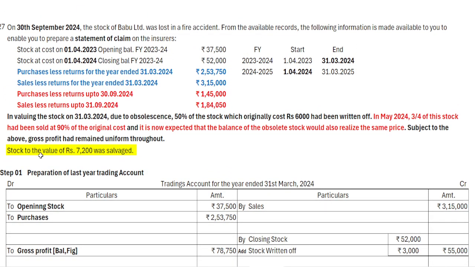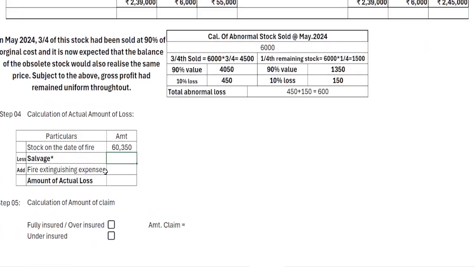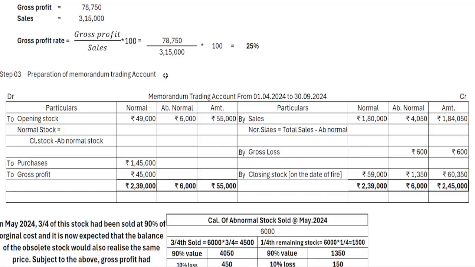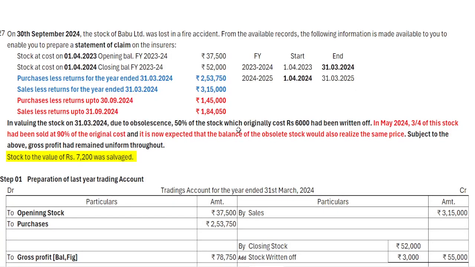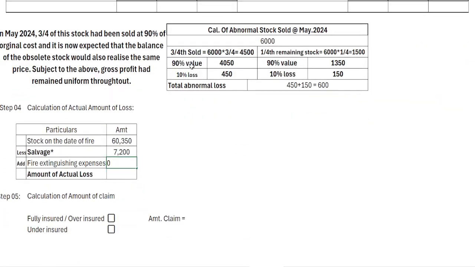Stock to the value of rupees 7,200 was salvaged. Salvage amount is 7,200. Fire extinguishing expenses: there is no such information available, so let's assume there are no such expenses. Actual loss is equal to stock on the date of fire minus salvage plus, if any, the fire extinguishing expenses.